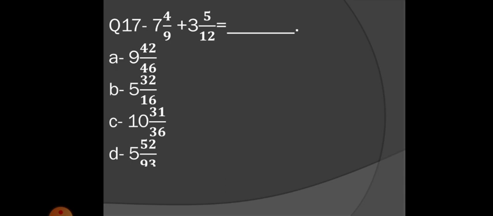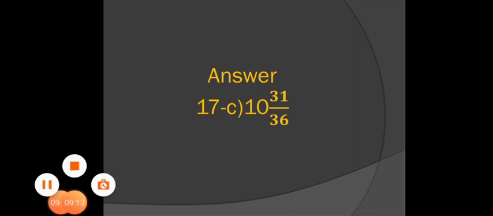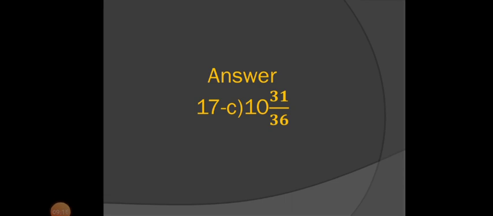Option A 9 whole 42 upon 46, B 5 whole 32 upon 16, C 10 whole 31 upon 36, D 5 whole 52 upon 93. The answer of question number 17 is option C 10 whole 31 upon 36.